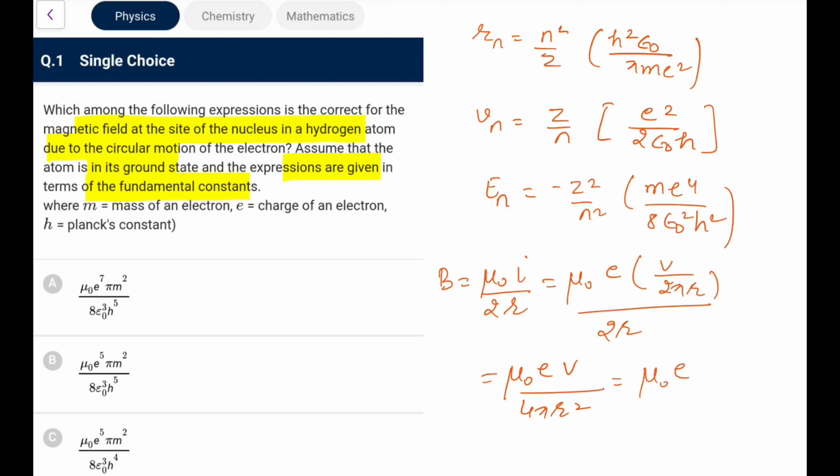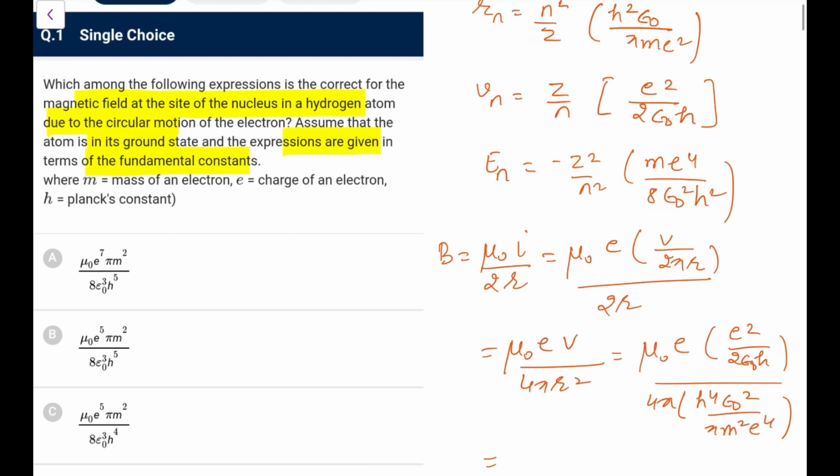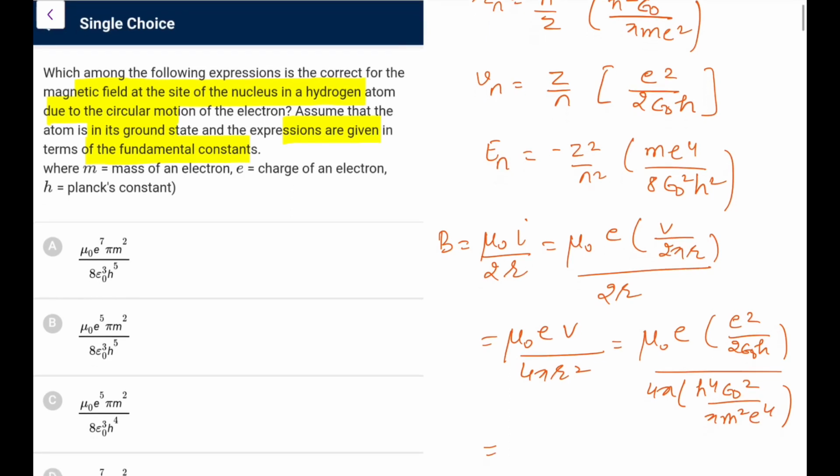So mu naught e V, V is what we have written, it is e square upon 2 epsilon naught h, upon 4 pi r square, where r is h square epsilon naught upon pi m e square. Do this now. This pi goes, so what we are left with would be pi square also, so I have to square it, 1 pi will go up.